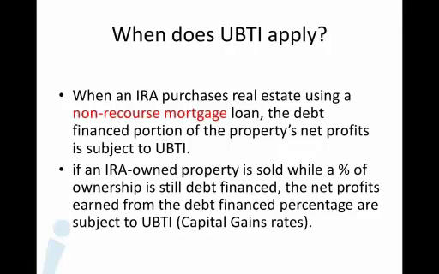So anytime we're using debt or leverage in our IRA, we have this potential debt-related finance income that's going to be part of this UBTI, and we need to plan for it. We need to look at how much money we're putting in relative to how much money the lender is putting in, kind of the ratio between our equity and debt in the particular rental property.